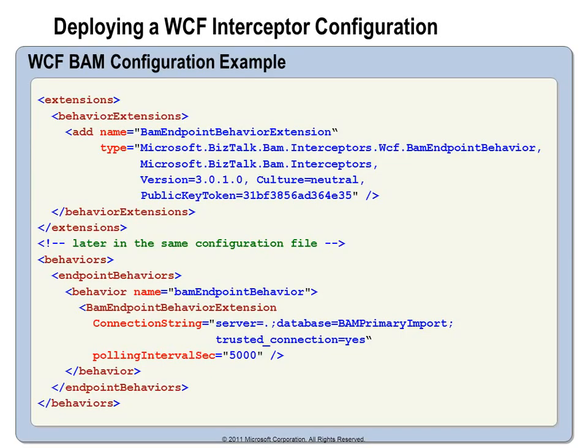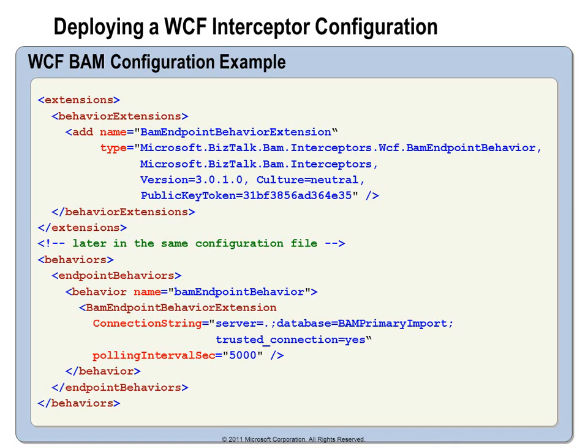This is an example of a behavior configuration, or just a configuration for WCF, where we can see the extension called out. This tells WCF if you see a behavior called BAM endpoint behavior extension, then you should be able to resolve that to this particular type. And then in the configuration file, we see under the endpoint behaviors, we've created a behavior and we've added in that BAM endpoint behavior extension, providing that connection string and the polling interval seconds.